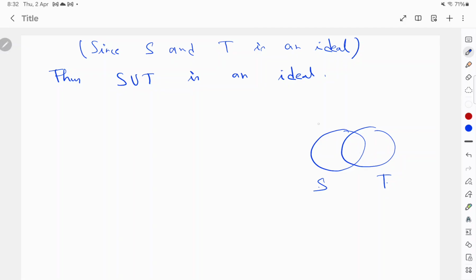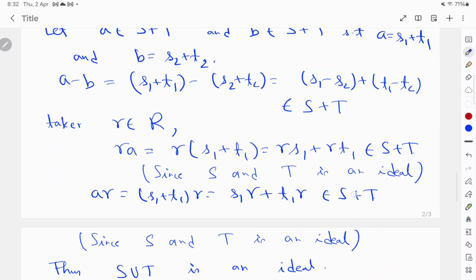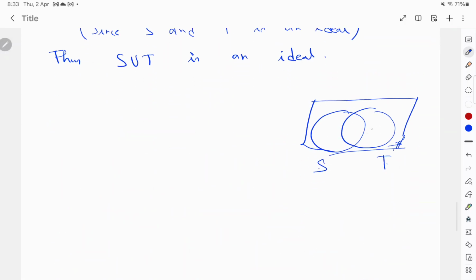This set may be larger, because this is the addition S plus T. Obviously there will be some other elements. For example, if I say S is equal to {0, 1} and T is equal to {1, 2}, what is your S union T?